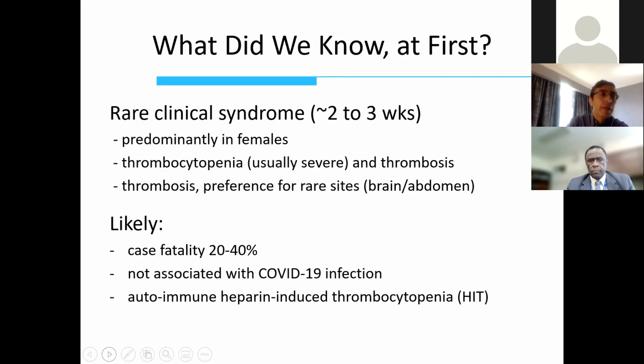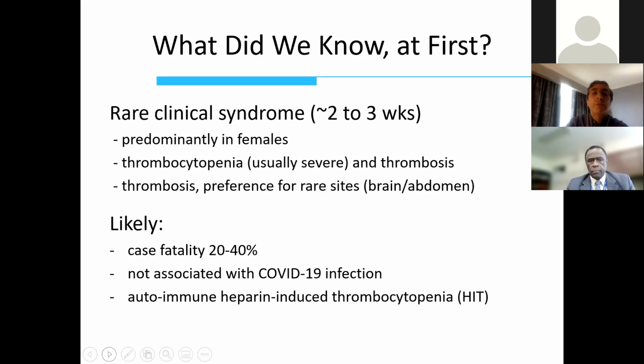At first, after sharing the next 2 or 3 slides with the summary of all the cases initially reported, as I've just shared with you, the thought was this was a rare clinical syndrome occurring approximately 2 to 3 weeks after the first exposure to either one of the 2 adenovirus-based vaccines against COVID-19, occurring, as I mentioned, predominantly in females and accompanied by thrombocytopenia, most commonly of the severe strata, and thrombotic events.